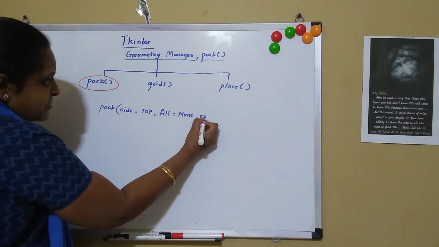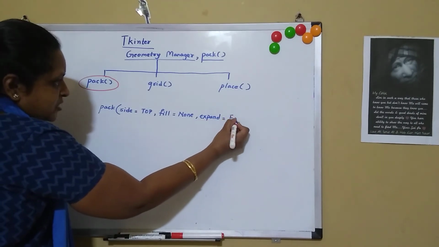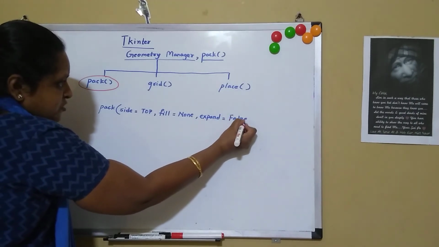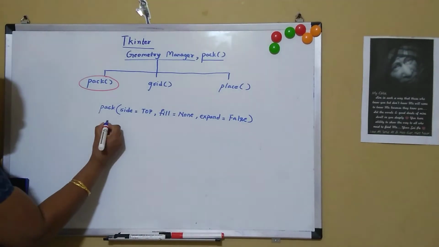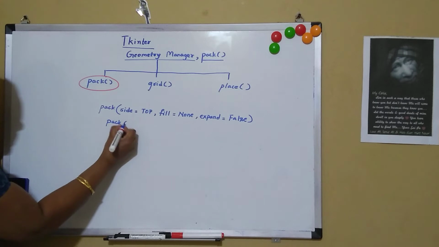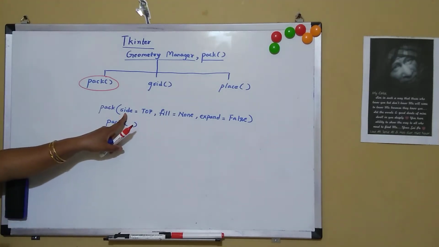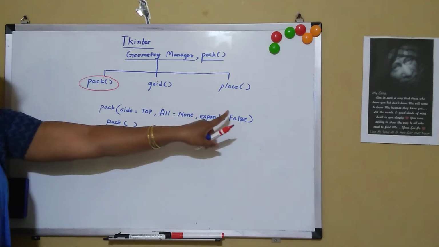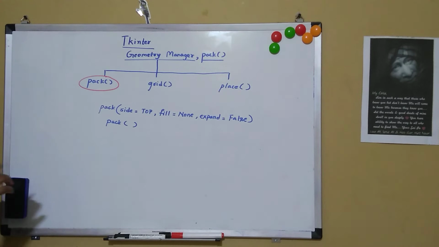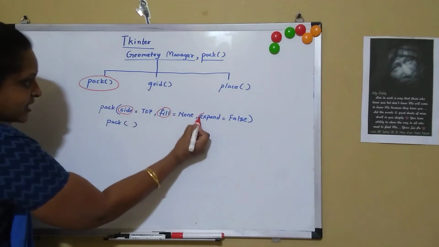And we have expand, which is by default equal to false. So these are the default parameters. Suppose we say pack and we don't give any parameters. By default, we'll consider side equal to top, fill equal to none, expand equal to false. So now, what are these side, fill and expand?